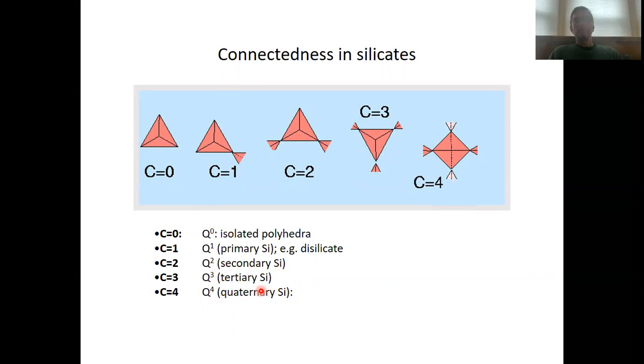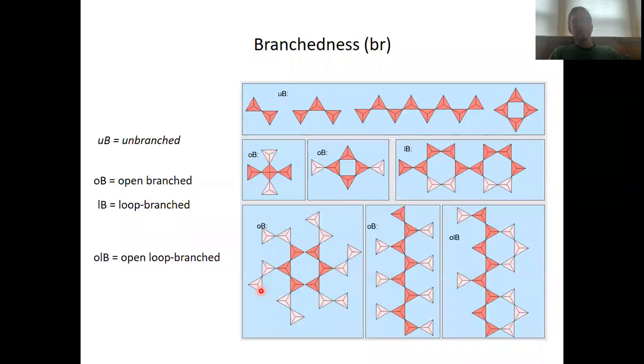Now let's move on from the connectedness in silicates to the branchedness in silicates. In the most simple case, the SiO4 tetrahedra are linked together in an unbranched way. They make either unbranched chains or unbranched rings. You see here a few examples.